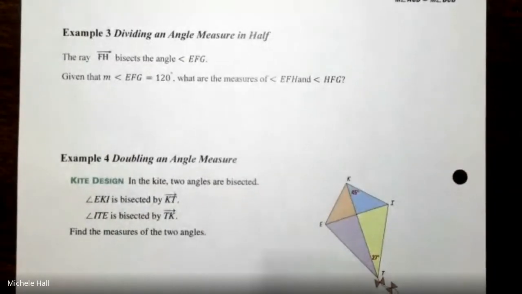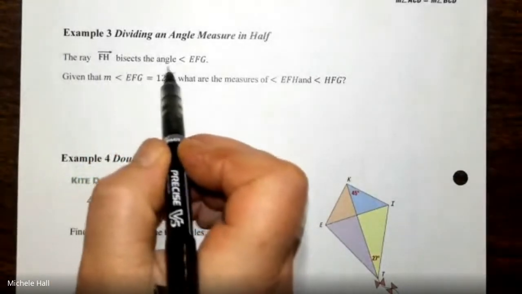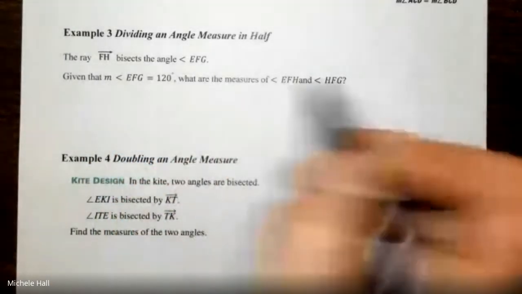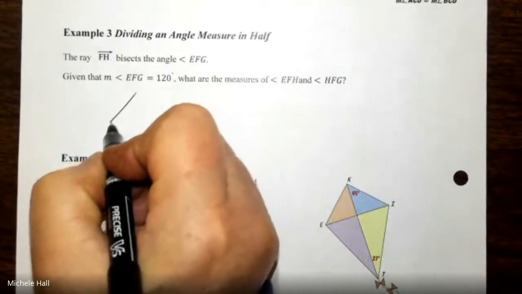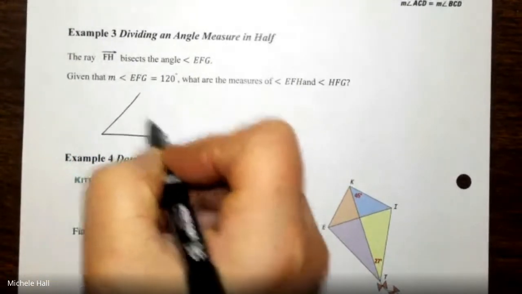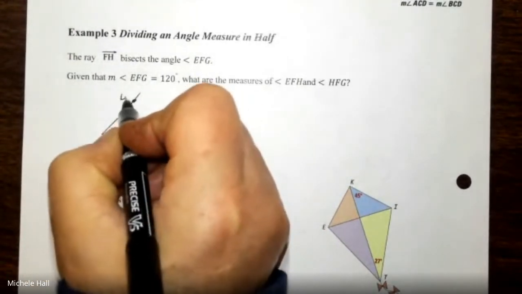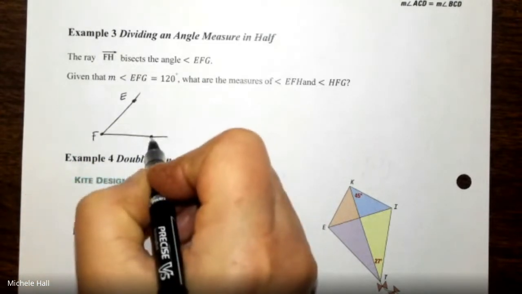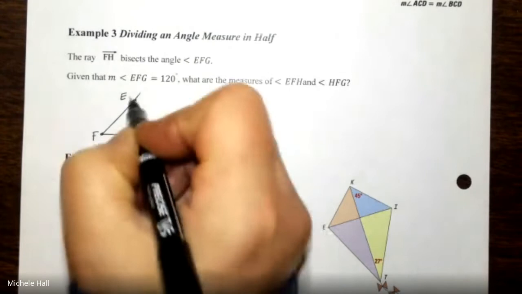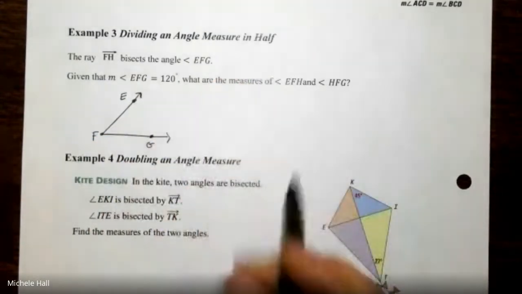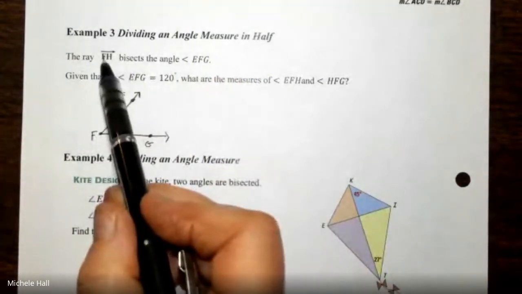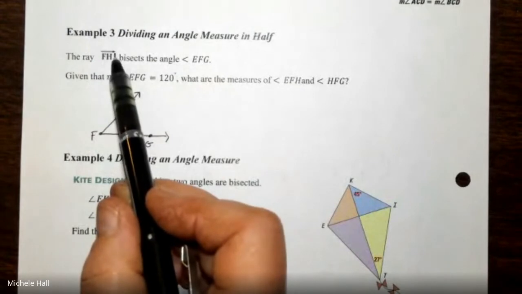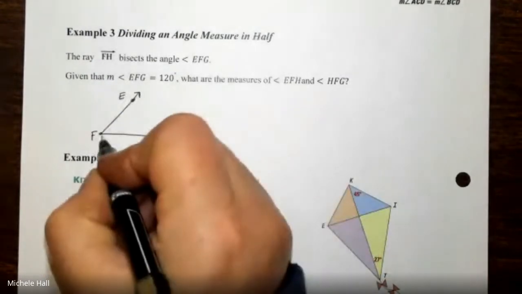Example 3, the ray FH bisects the angle EFG. So if I make angle EFG, ray FH. The endpoint is at F, the continuous end is at H. Here's F, the point.